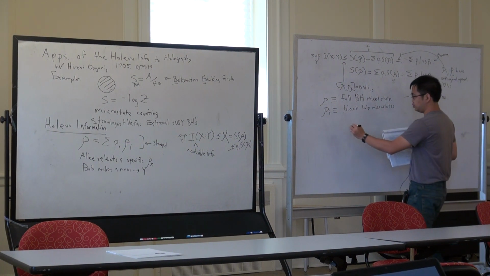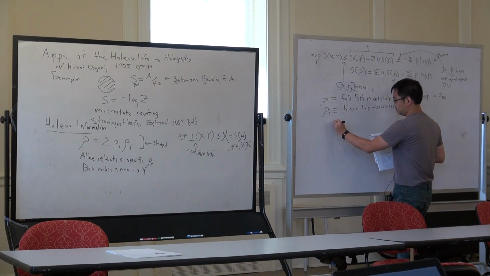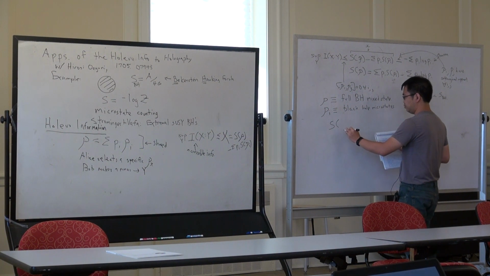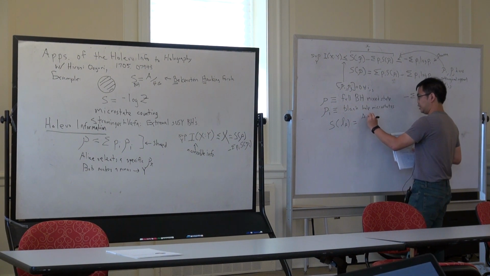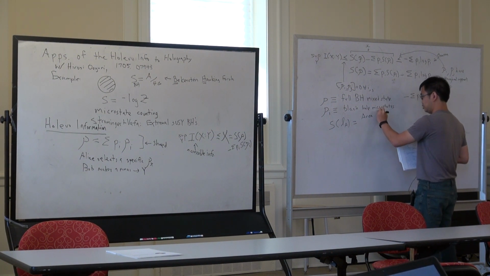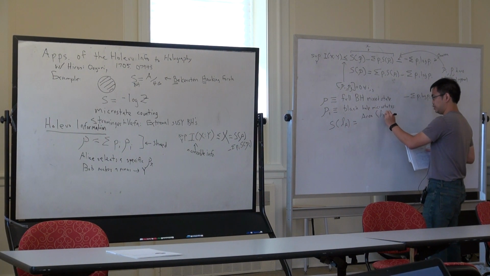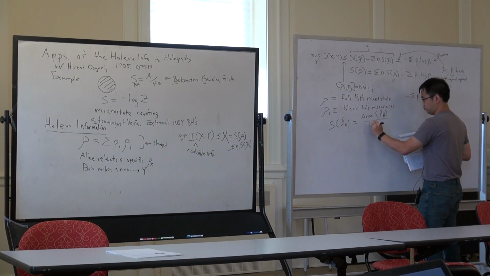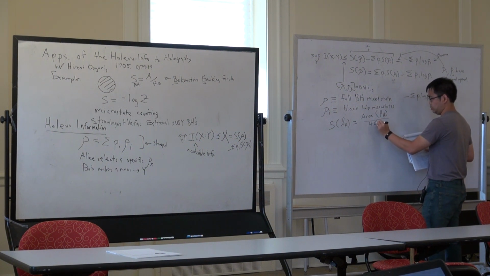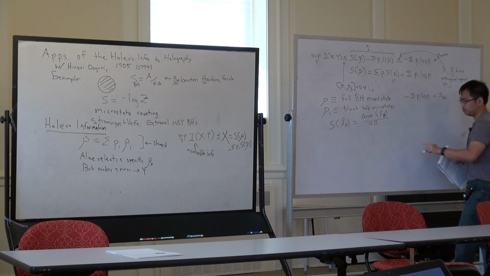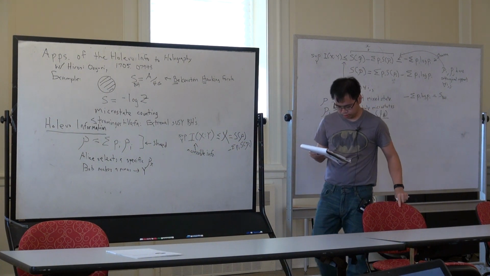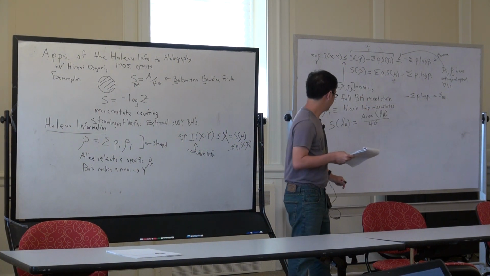Just to remind you, the relevant part of the AdS-CFT formalism is that the entanglement entropy of some segment L_A is equal to the area in the bulk that subtends L_A, over 4G. Right? So this is the Ryu-Takayanagi formula, up to a homology constant.